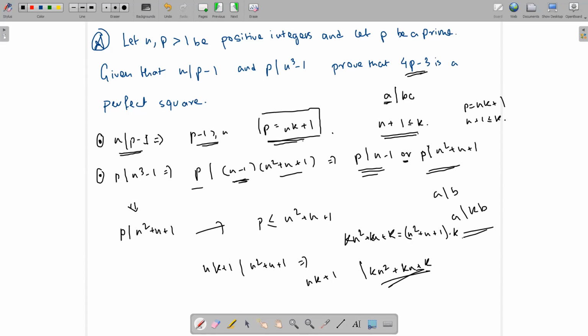We want to infer about 4p minus 3. So we should convert everything back to p, right? So that we can understand what happens with p.